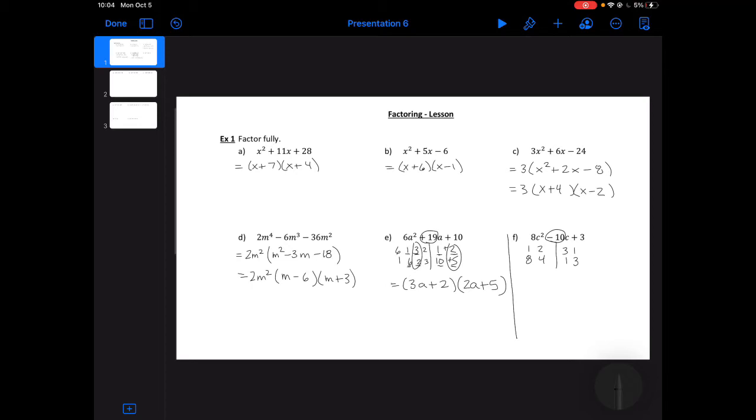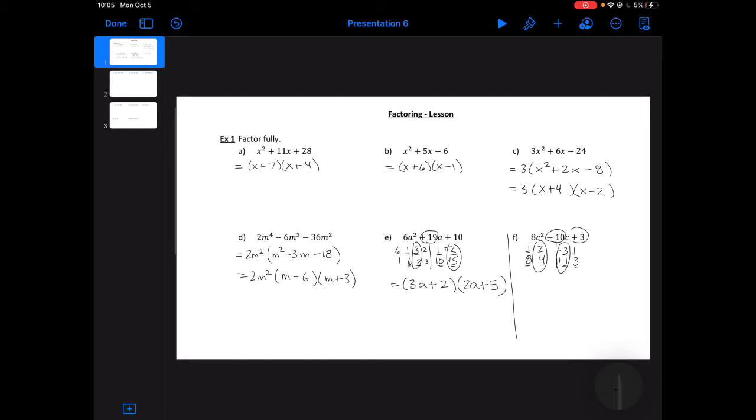So I'm looking for numbers that add together to get me minus 10. Let's start. 1 and 24, no. 3 and 8, no. 2 and 12, well, those ones are a possibility. That would work if my 12 was negative and my 2 was positive.